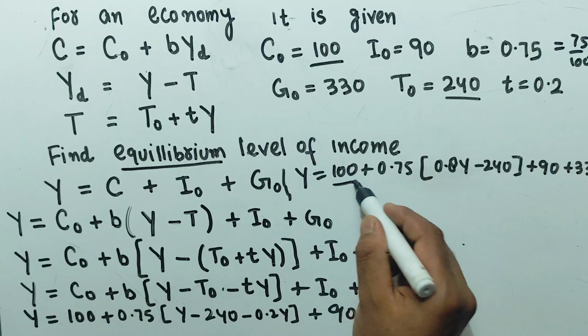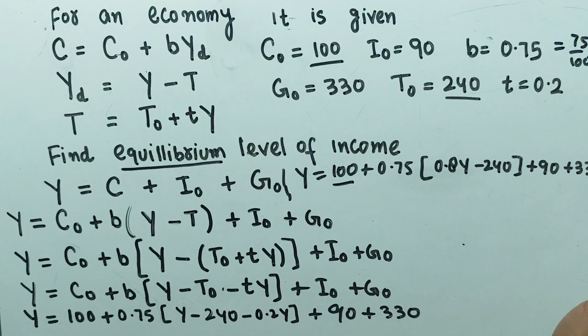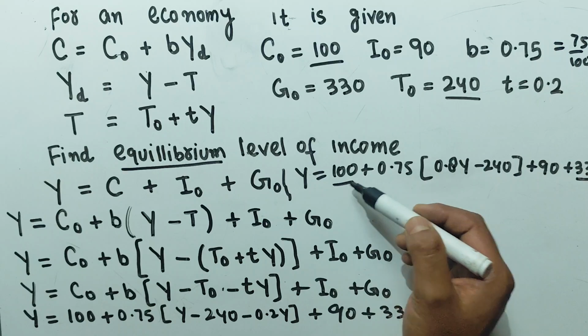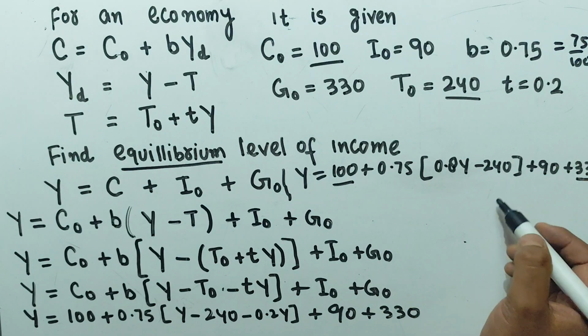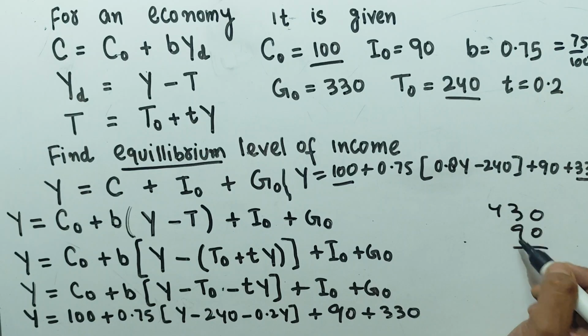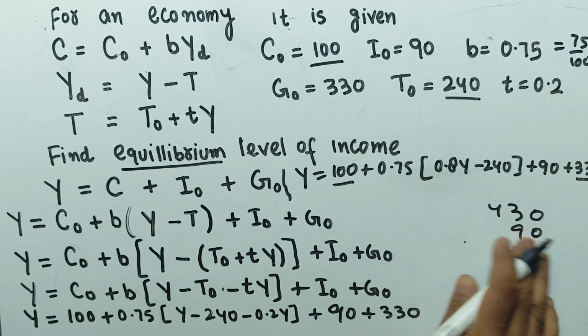So here we have 330 plus 100 is 430, so 430 plus 90 comes out to be 520.